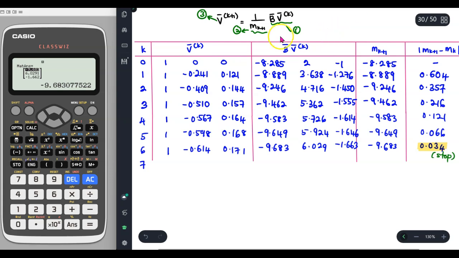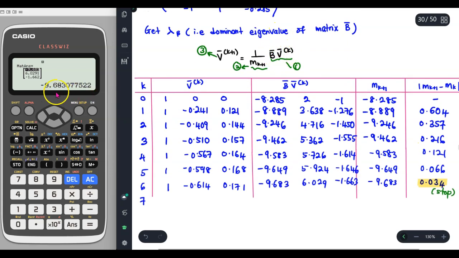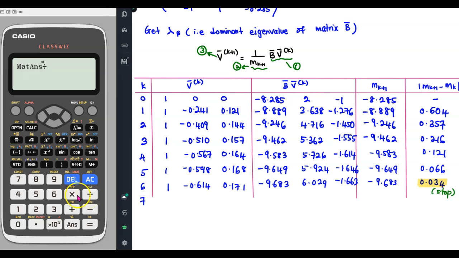So that is BVK, your current value in the calculator. So math answer here is BVK divided with your current MK plus 1. So complete your iteration cycle. So divided with negative 9.683.